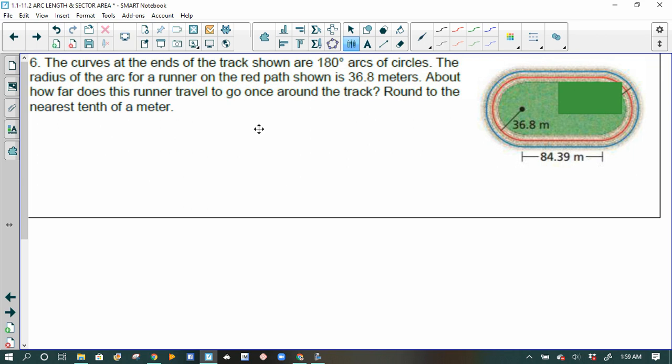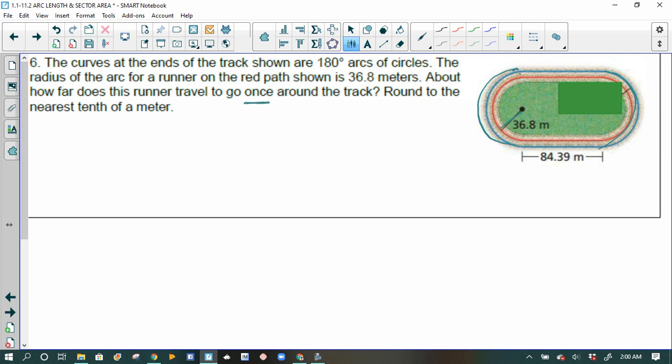So if the curves at the end of a track are shown are 180 degrees arcs. So this is 180 degrees, this is 180 degrees. The radius of the arc for a runner on the red path, so the radius is 36.8. About how far does the runner travel to go one time around the track?